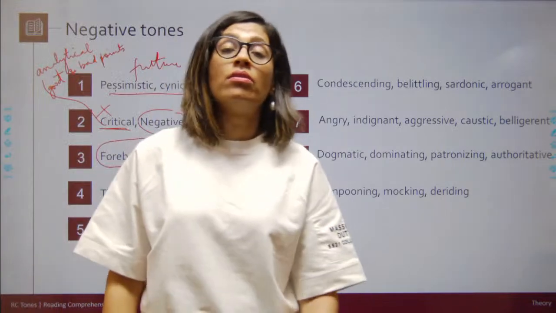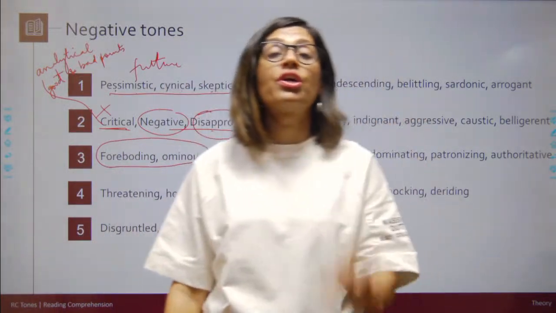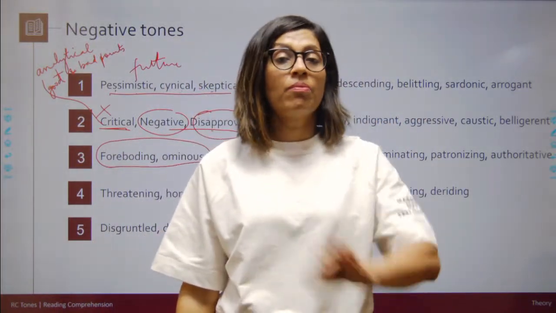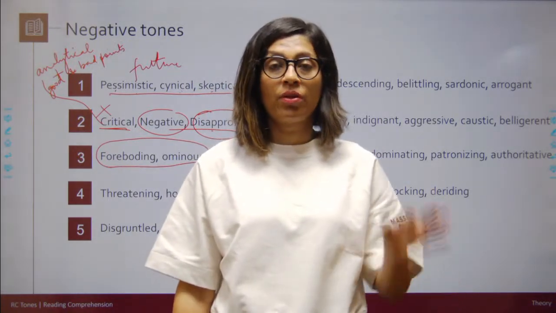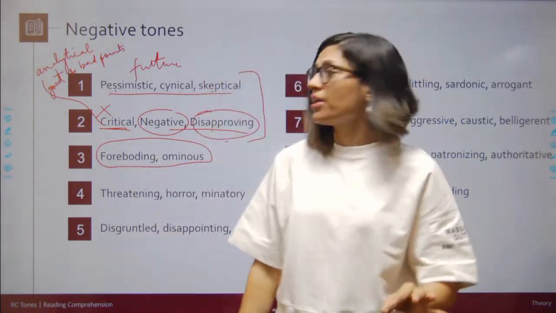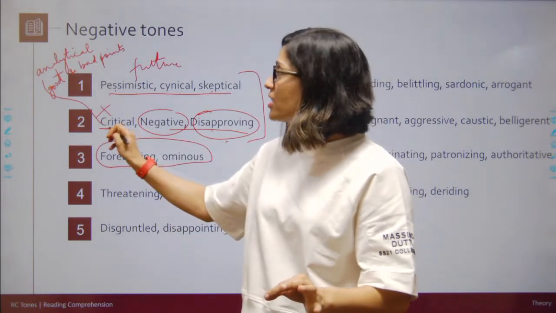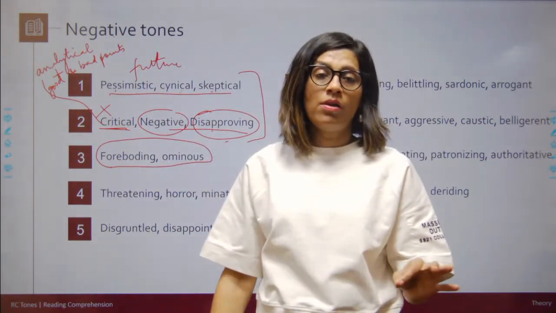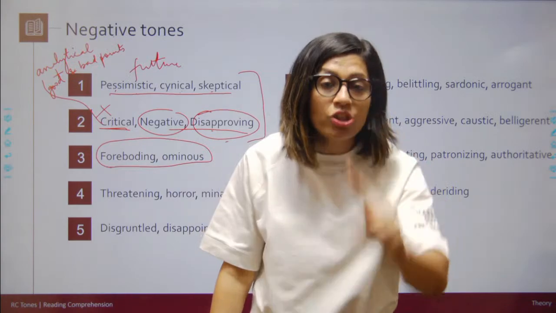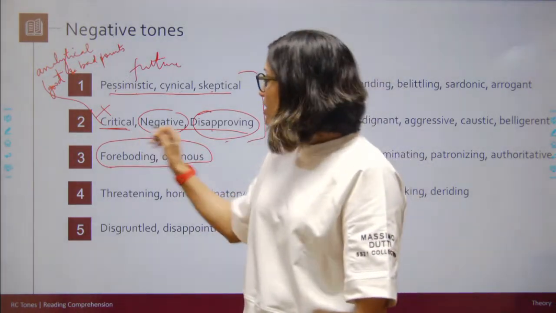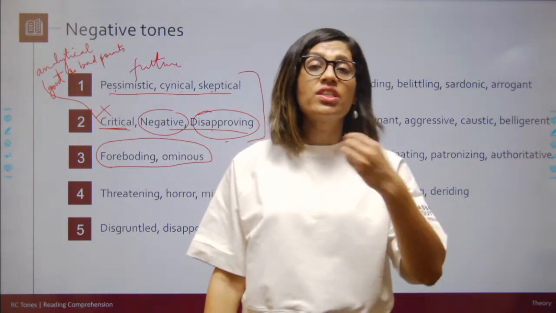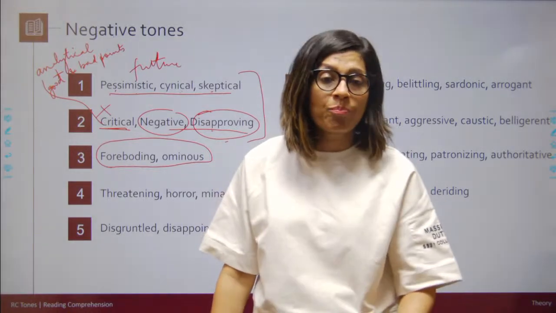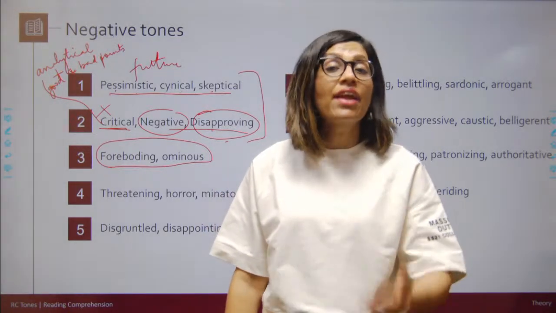I think I have not seen anyone use critical tone correctly in coaching institutes. Critical does not mean criticism, so this does not belong here. I have written it here so that I catch your attention. Criticism, you can have various words: disapproving, censuring, right? Denigrating.